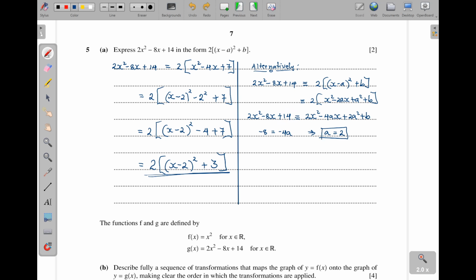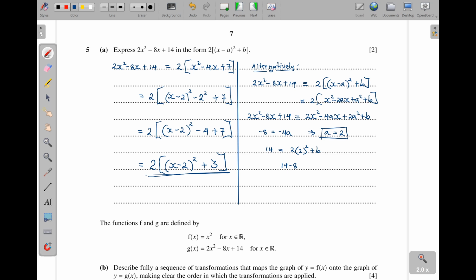And then the constant term, 14, is equal to 2 times our a, which we have gotten as 2, then plus b. This one is going to be 8 because 2 times 4 is 8. Then when we bring it this side, it will be a minus. So b here is going to be a 6.